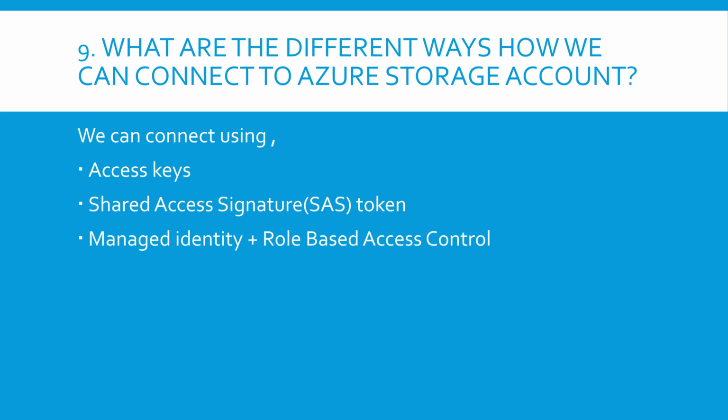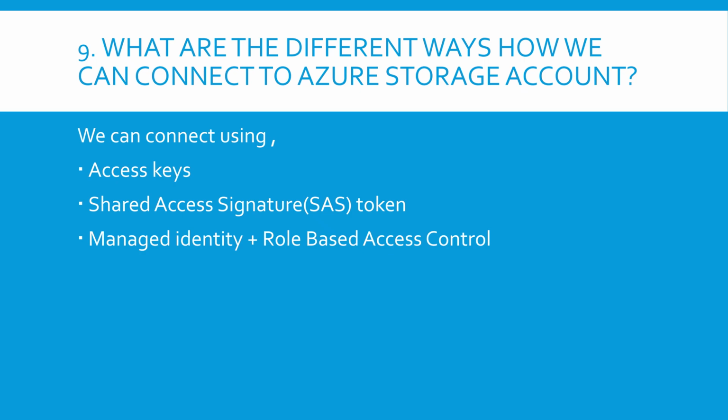And the next thing is managed identity. Every Azure service comes with its own managed identity. So whenever you are connecting from Azure to Azure, managed identity is the most preferred way of connecting. Along with that, you also need role-based access control. In each service you have an IAM section, and in that you need to provide the required IAM roles.